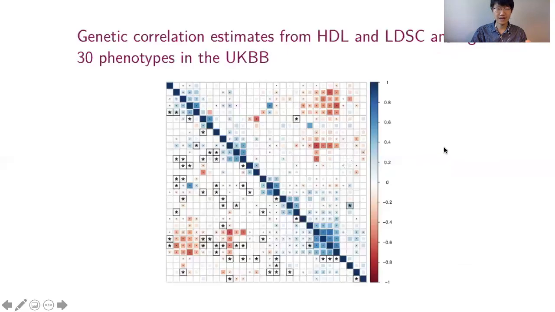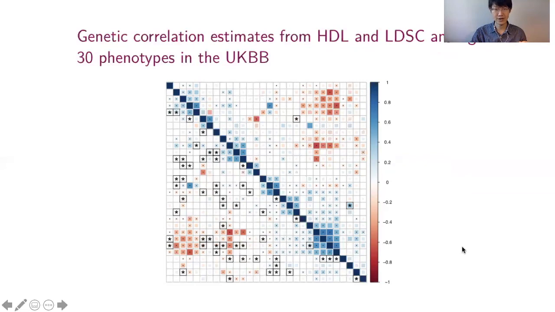Then we applied these two methods to UK Biobank to estimate the genetic correlation between 30 phenotypes. This is the result. The upper triangular shows the LDSC results, and the lower triangular shows the HDL results.